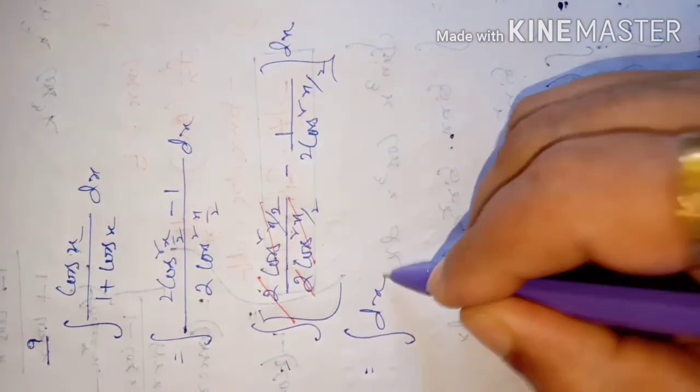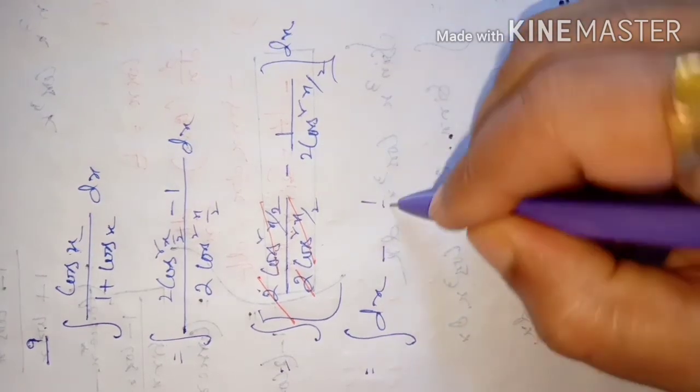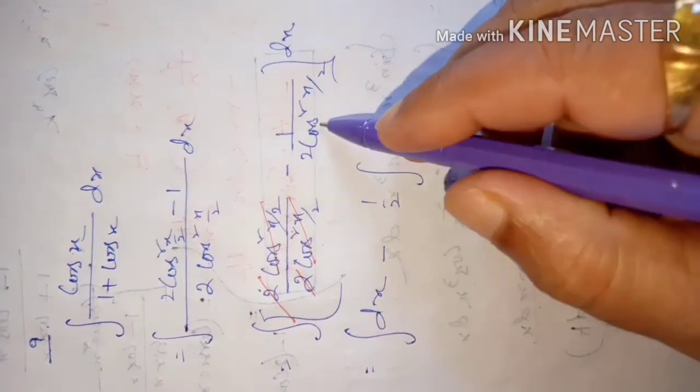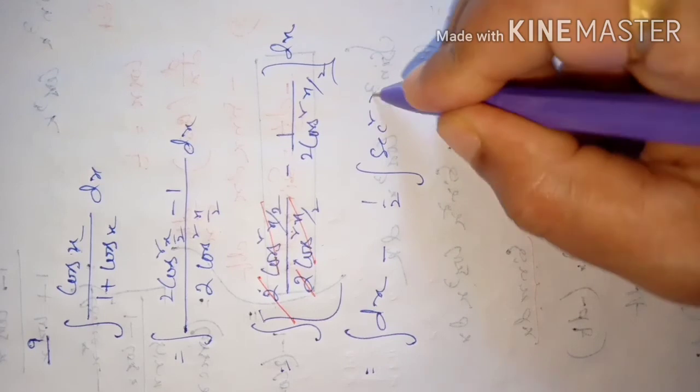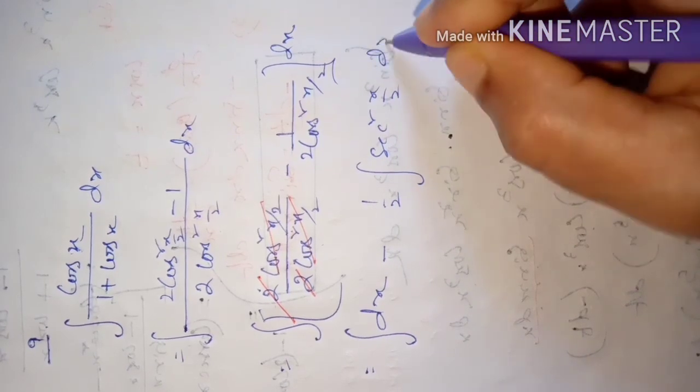So dx minus 1 by 2 into 1 by cos square, which is sec square x by 2, dx.